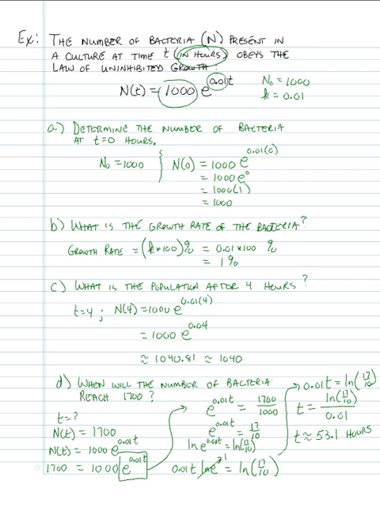Okay, so let's do one other part to this problem, and we'll do that on the next page. Okay, although I kind of bundled up the sentence, part E is to answer the question, when will the number of bacteria double? Now, I might tell you that this is not really a well-defined question, because double from where?